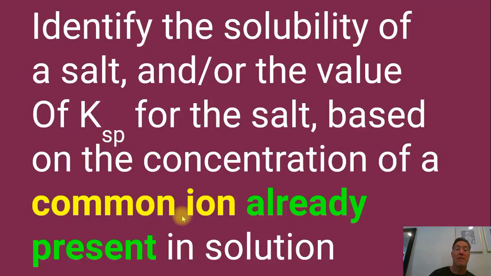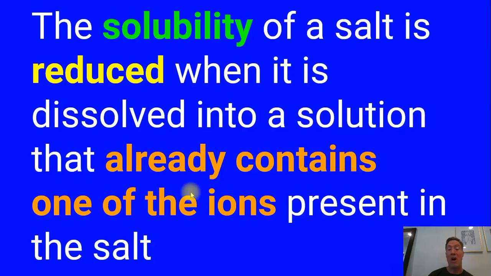The common ion effect tells us that the solubility of a salt will decrease if the ion that the salt would dissolve into is already present in solution. So it will go down because there are already ions present, and according to Le Chatelier, there's already more product there than there otherwise would be, and that's going to shift the solubility towards the reactant side, which is the solid side.